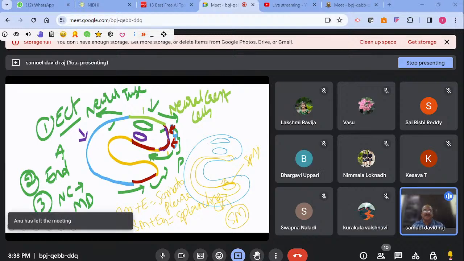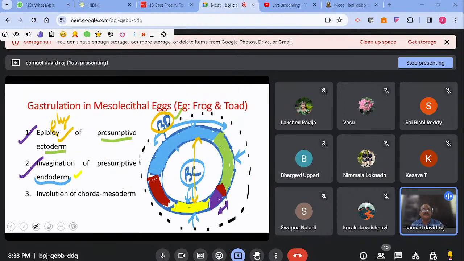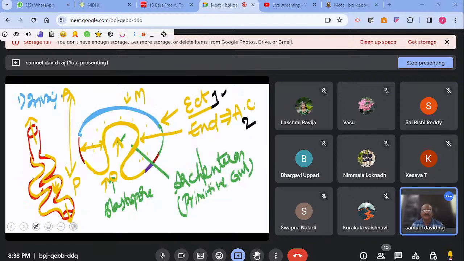And this is how the gastrulation process in case of amphioxus and also the frog is completed by three processes. One is epiboly of presumptive ectoderm, invagination of presumptive endoderm, and involution of chorda mesoderm. These three things you have to remember from the examination point of view.